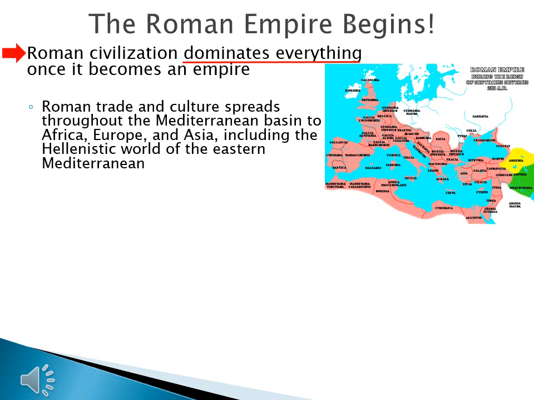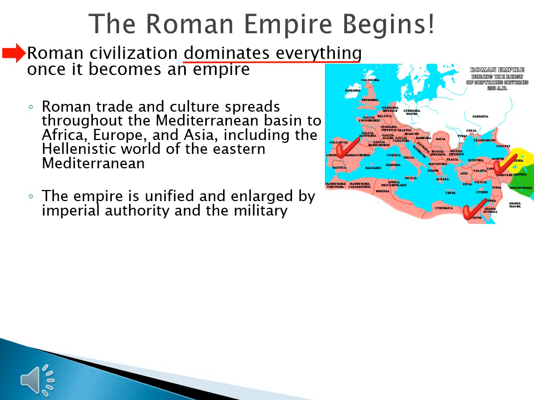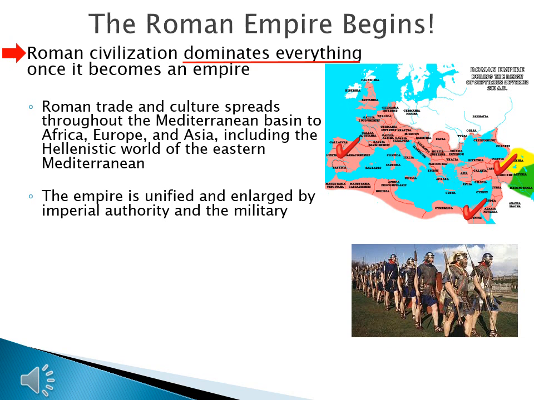They take over everything from Spain through Egypt through Alexander the Great's old empire. And the empire is unified and enlarged by imperial authority and the military.